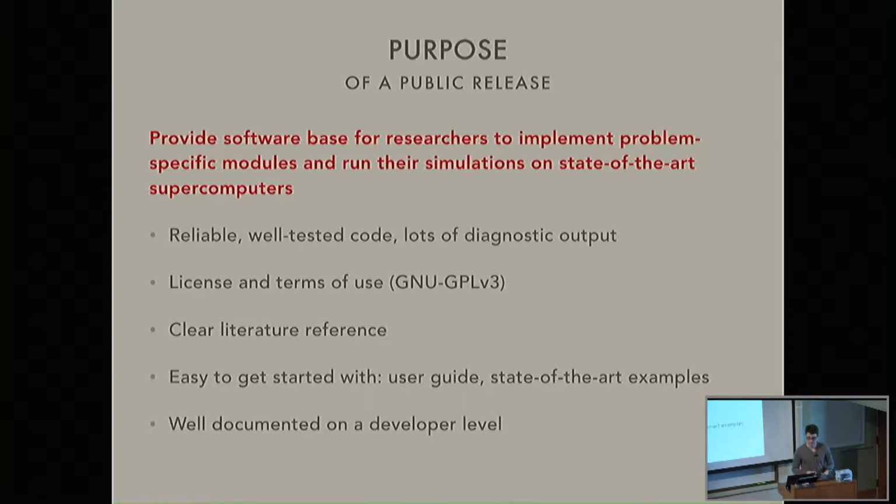And as I said, very important, this needs to be a reliable code, have a clear license and clear terms of use, a clear literature reference, which is always a bit of a problem with a continuously evolving code. And it should be easy to get started with, and that was one of the main things that kept me busy the last couple of months, as well as well documented on a user and also on a developer level, meaning everything in the code should be explained somewhere in the code as well.